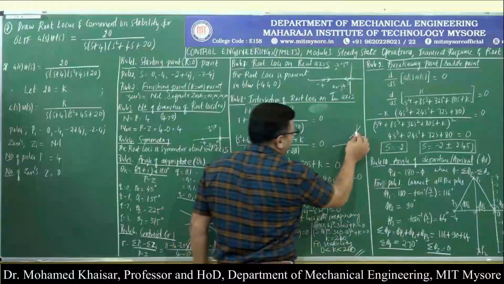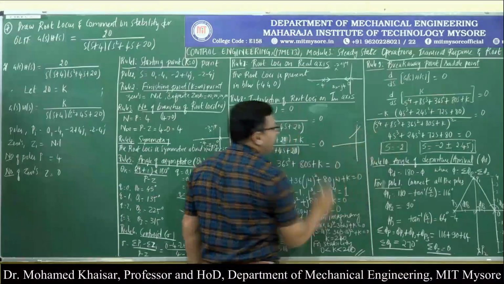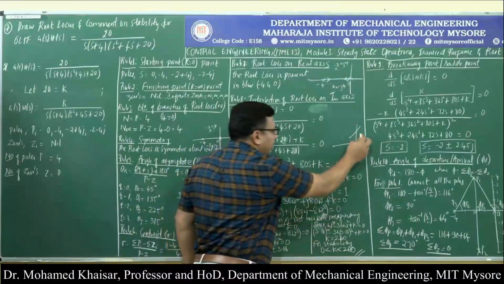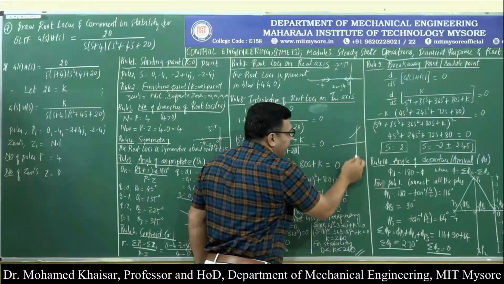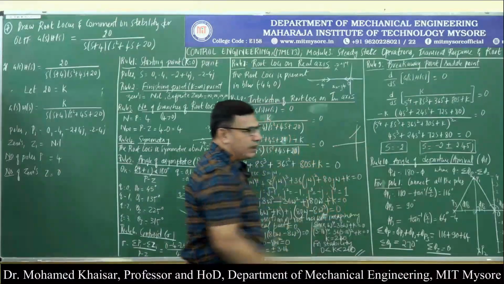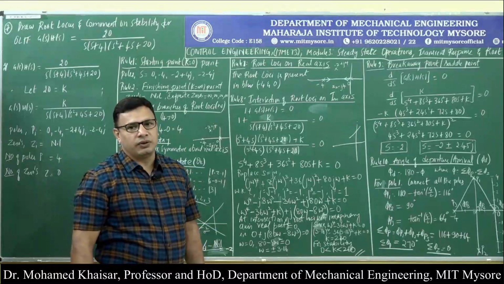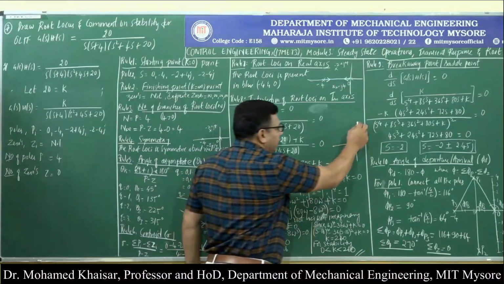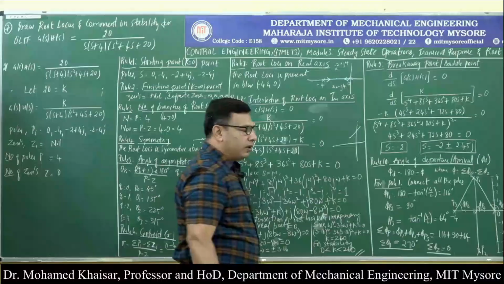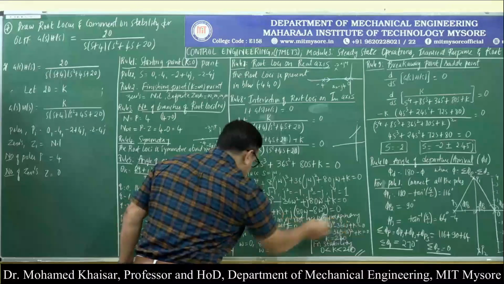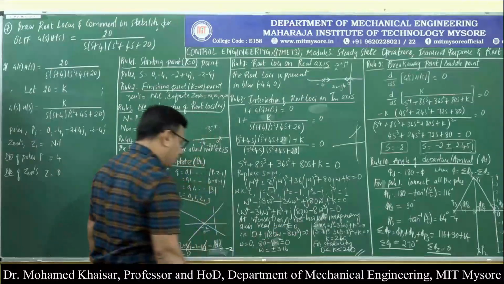Why? Only if you are either to the right or left of the imaginary axis will there be some real part. But exactly on the imaginary axis, the real part is equal to 0. Imaginary part could be anything. So that is what we are using here. At the intersection of root loci with the imaginary axis, the real part will be equal to 0.